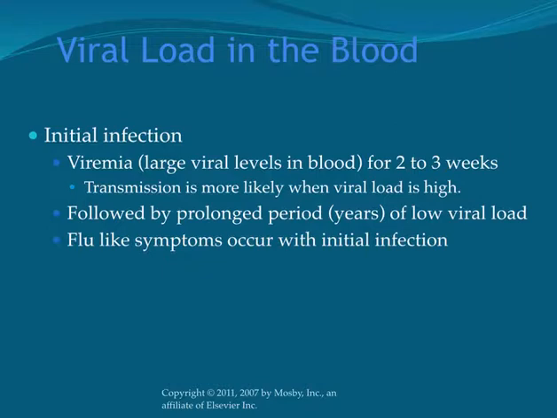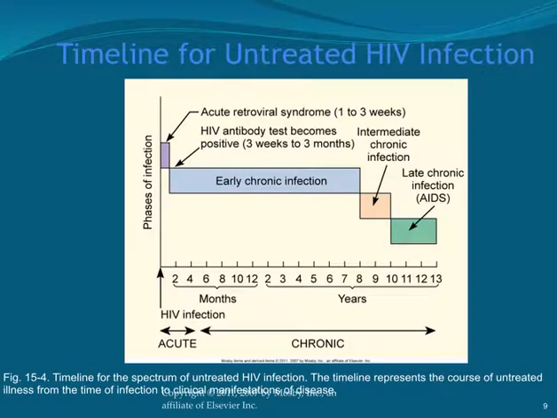Even without the symptoms, though, HIV replication occurs at a rapid and constant rate in the blood and lymph tissues. A major consequence of rapid replication is that errors can occur in the copying process, causing mutations that contribute to treatment difficulties. And remember acute retroviral syndrome, the flu-like symptoms that happen with the initial infection, and then we go up for a prolonged period of no symptoms.